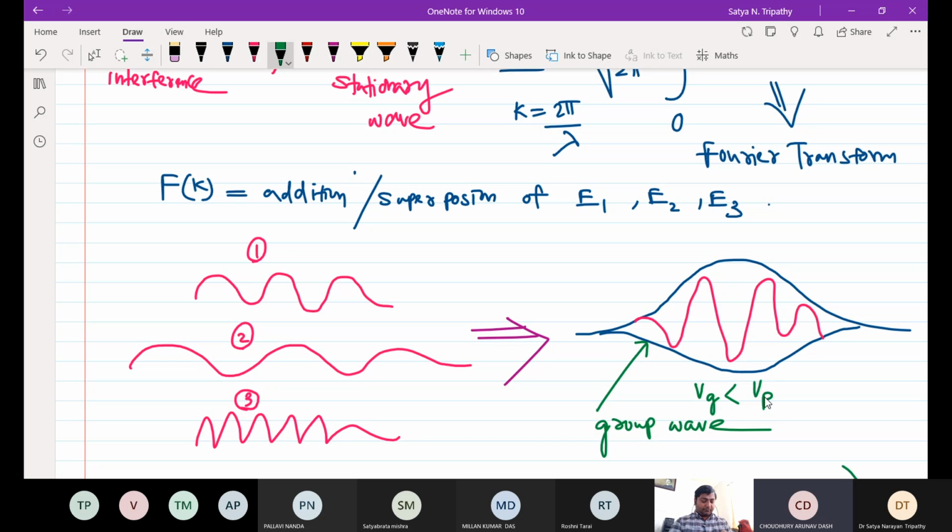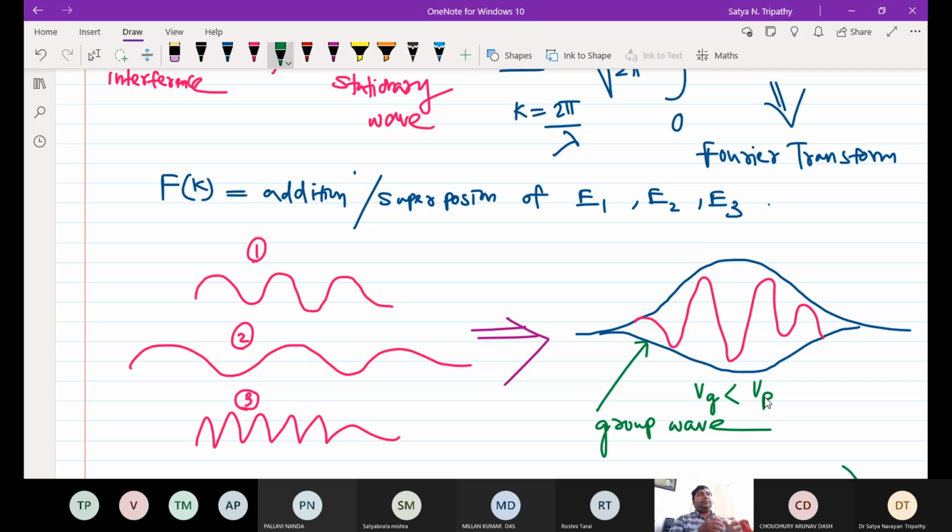Sir, is this phenomenon exclusive to light, or can we also create this with electrical signals? This is valid for any wave. Can we recreate it in the lab with different electrical signals adding? Yes. You are combining two waves in the practical. You can try different frequencies.